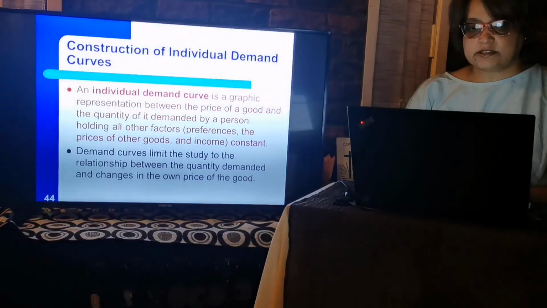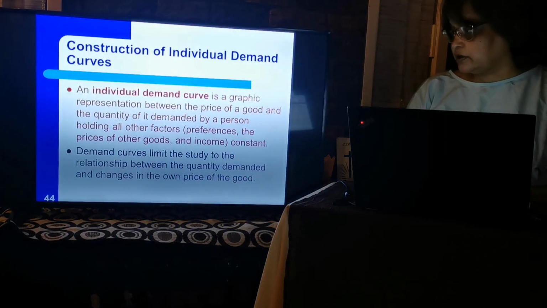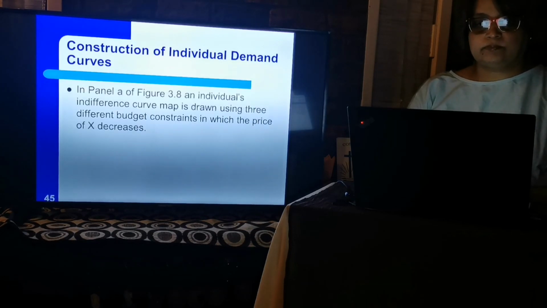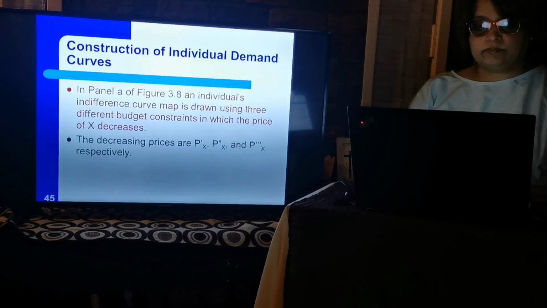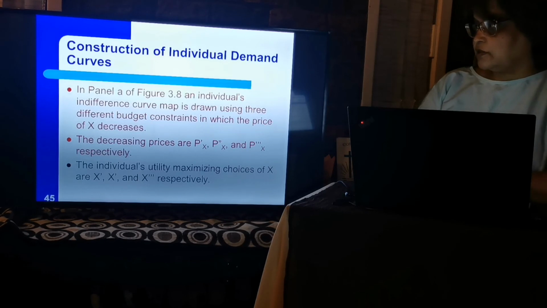Demand curves limit the study to the relationship between quantity demanded and the changes in the price of that good. That is just the foresight as to what figure 3.8 would be all about.